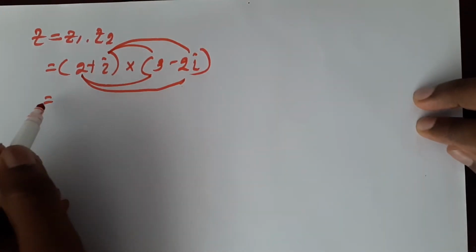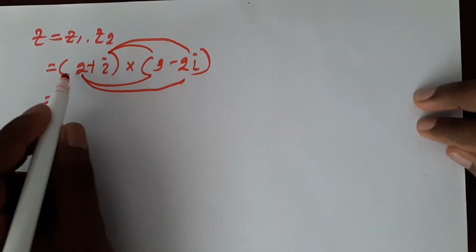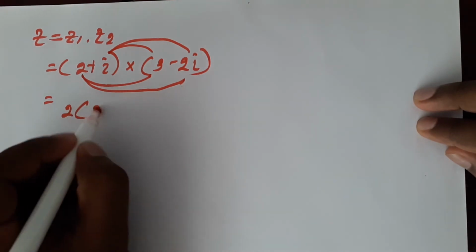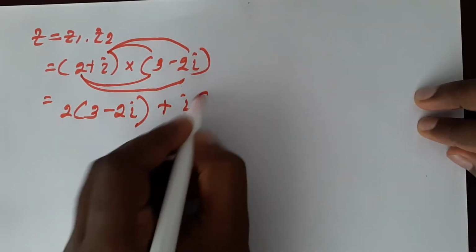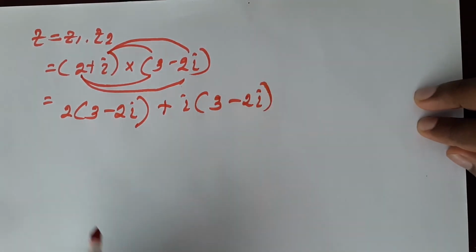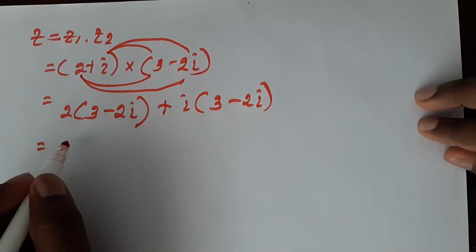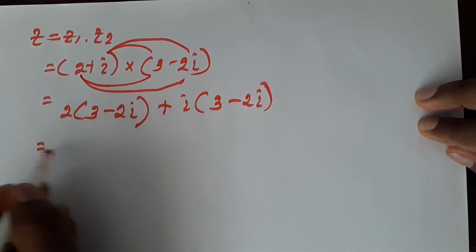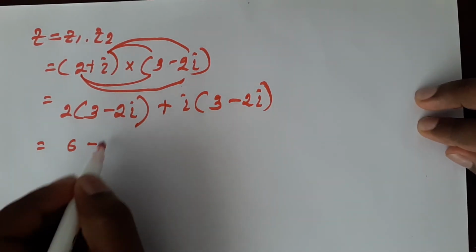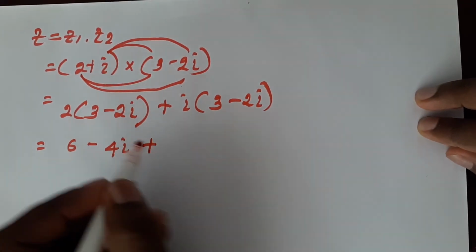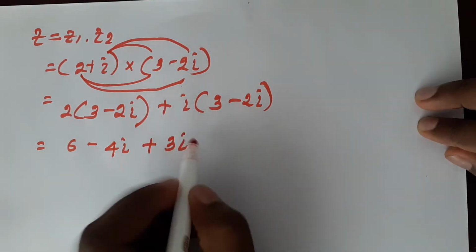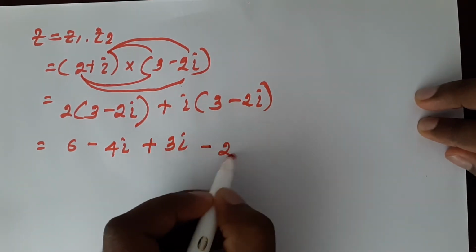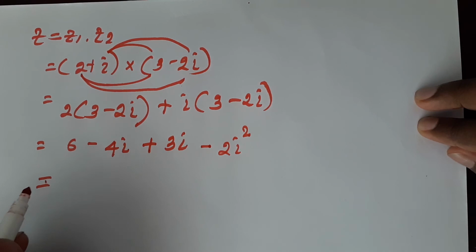So basically it is much more convenient to divide this expression into 2 like so, and then multiply this portion, plus i into again z2, and then it's simply multiplication between these two numbers. 2 into 3 is 6, minus 2 into 2 is 4i, plus i into 3 is 3i, plus i into minus 2i, that is minus 2i squared.